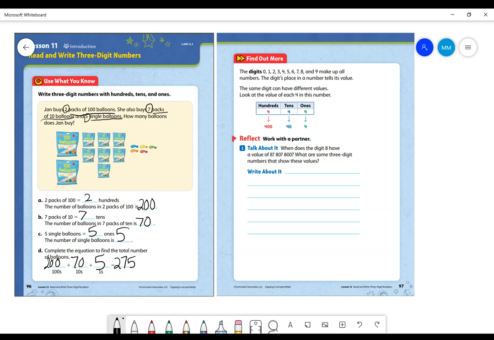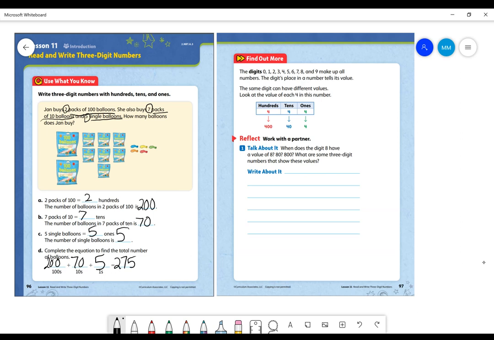So let's think about the same thing with the number 8. It says, when does the digit 8 have a value of 8, 80, or 800? What are some three-digit numbers that show these values? So it wants us to think of numbers.